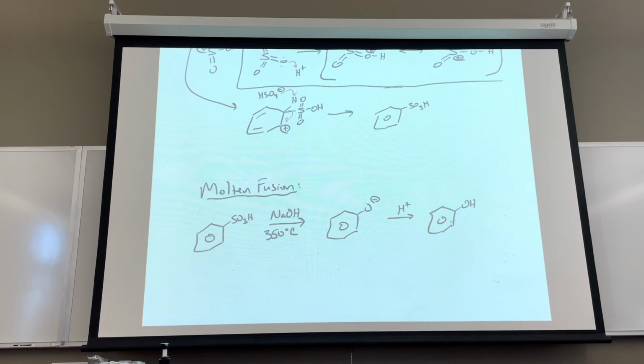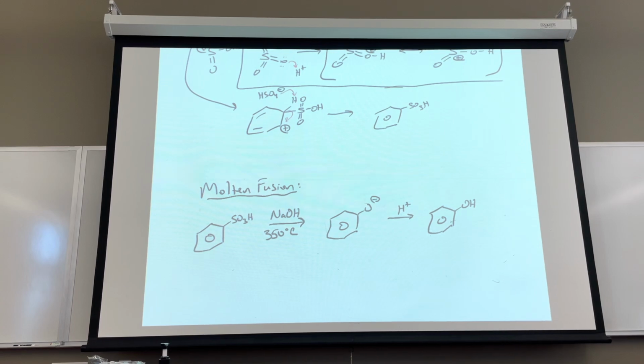Right? So these very, very hot, very, very basic conditions are going to destroy a lot of functional groups. So the point I'm trying to make is if you're going to try to use this in synthesis, use it early on. Don't wait until the end of your synthesis and throw this in there at the end, because a lot of your functionality will get destroyed under these conditions.